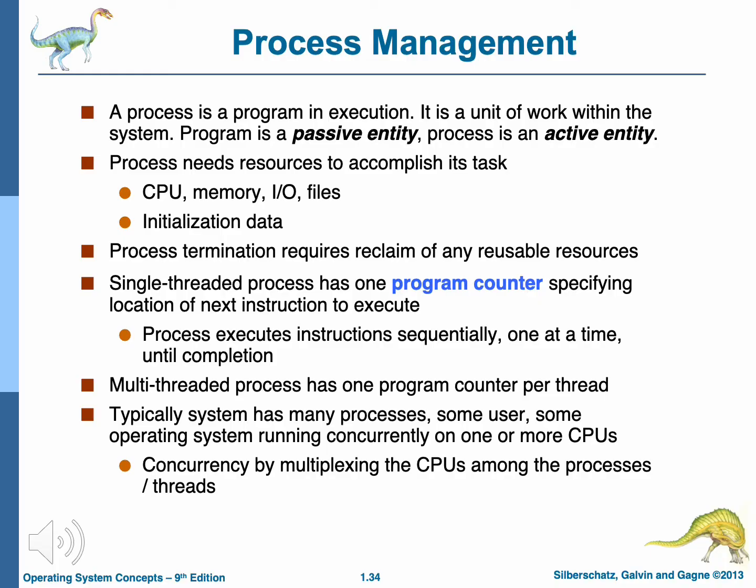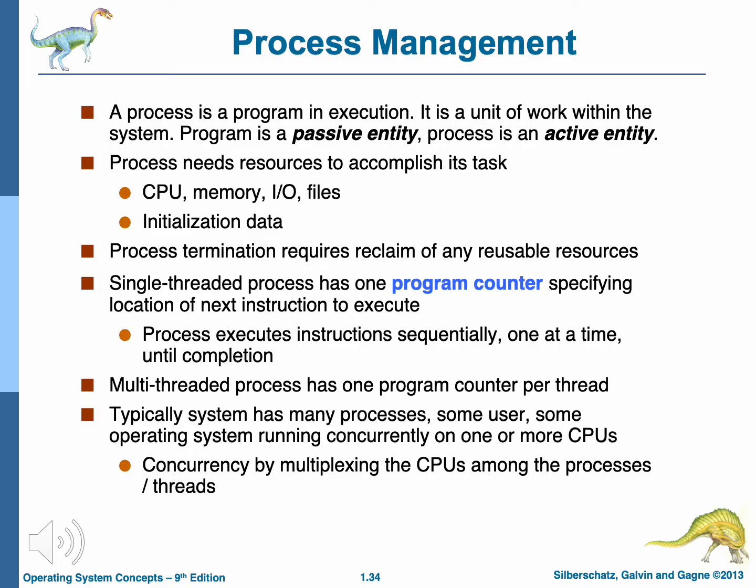These resources are either given to the process when it is created or allocated to it while it is running. In addition to the various physical and logical resources that a process obtains when it is created, various initialization data (input) may be passed along.